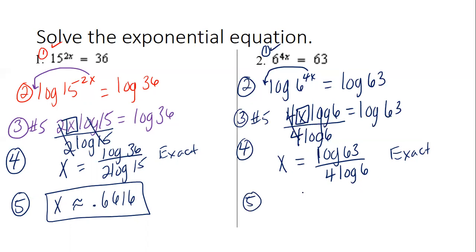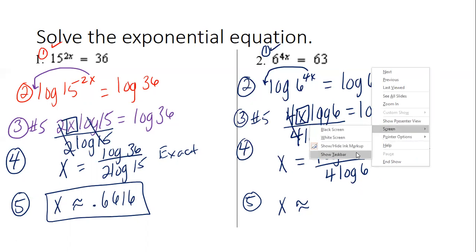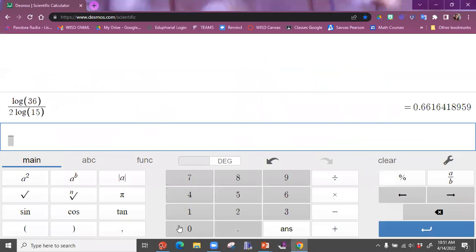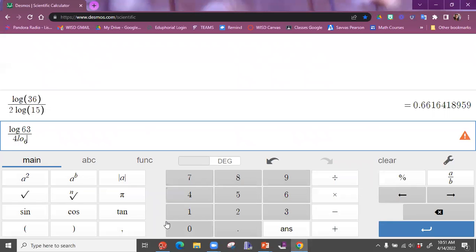So we're going to use our calculator to get our approximate answer. So I'm going to go to the calculator. I like to just go ahead and click the fraction. I'm going to type in log 63 divided by, what was the bottom one? 4 log 6.